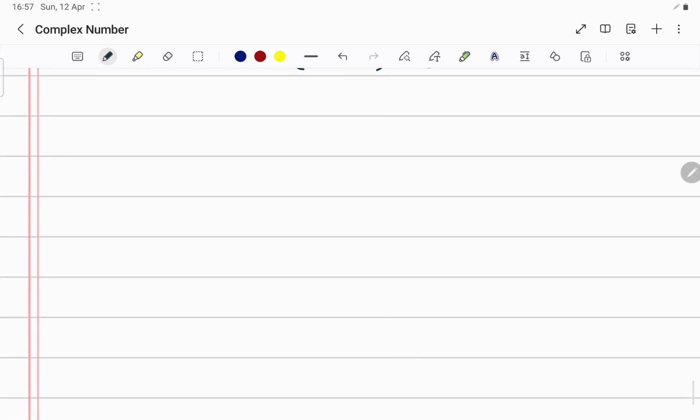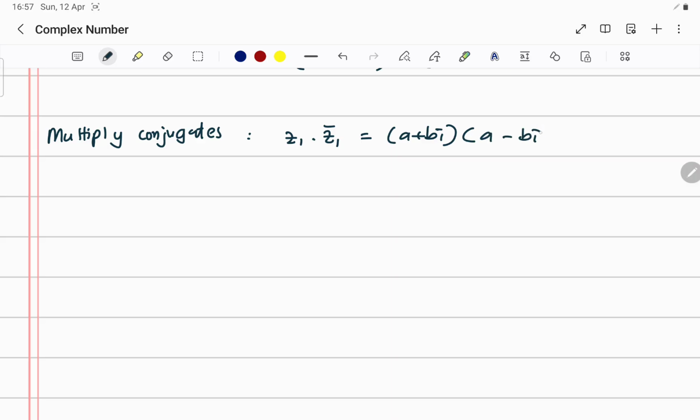Now we will go through multiplying by the conjugate, in case there is a question where you have to multiply by the conjugate. Let's say Z1 multiplied with the conjugate of Z1. By right, the conjugate is where we change the sign of the imaginary part. So A plus BI multiplied with A minus BI.